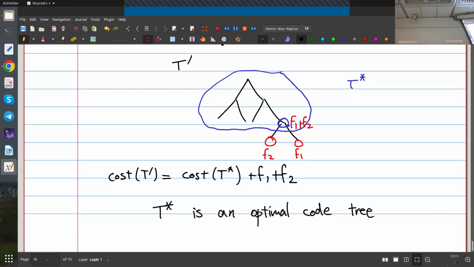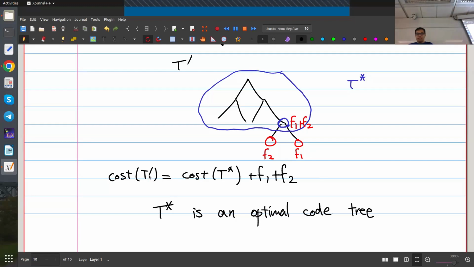For the alphabet in which the two letters with frequencies F1 and F2 are merged into one letter. Because if I have a better tree for that alphabet, I can just replace T star with that better tree and I get a better T prime, which gives me a better cost overall.